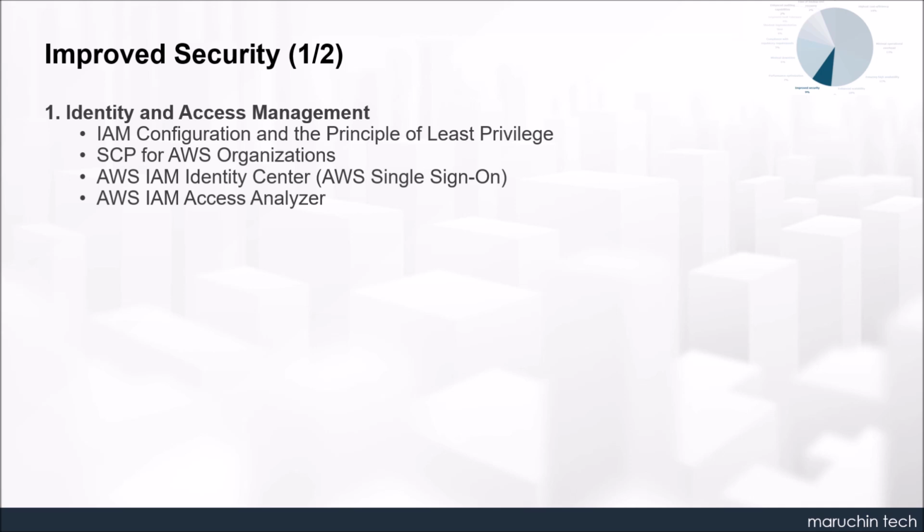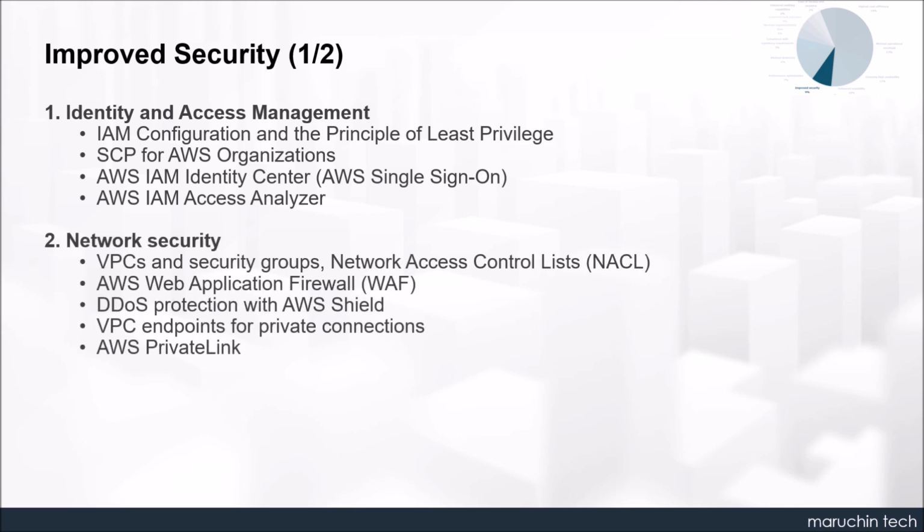The professional exam often includes questions about security in a multi-account environment, making proactive guardrails with SCP in AWS Organizations a common topic. Network security, including VPCs and firewalls, is also a frequently tested area. Private connections using VPC endpoints and the web ACL in AWS WAF often come up.